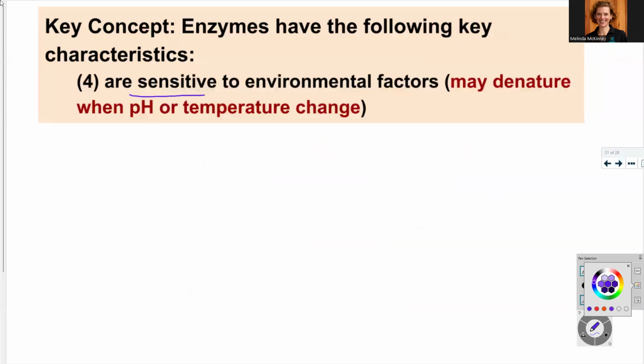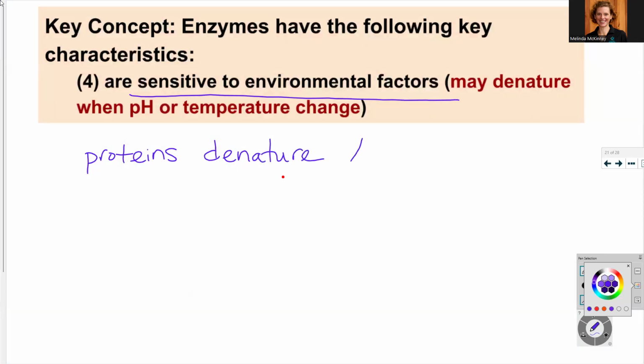Enzymes are sensitive to environmental factors. We talked about this already. Proteins can denature, come apart, and they no longer function if we have a big change.